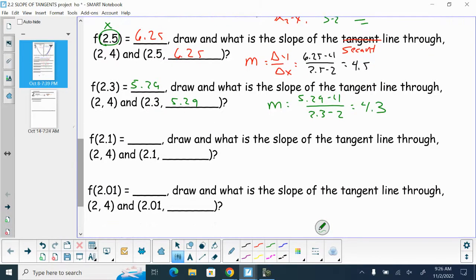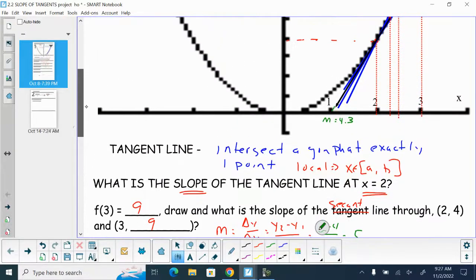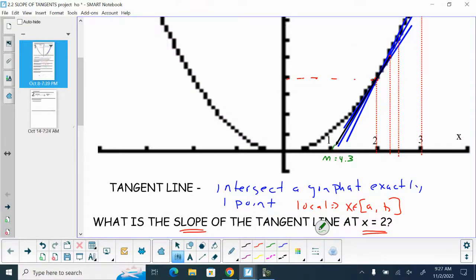Let's get even closer at 2.1. If we go to 2.1, and then 2.01, we continue to get closer and closer and closer to our x value of 2.